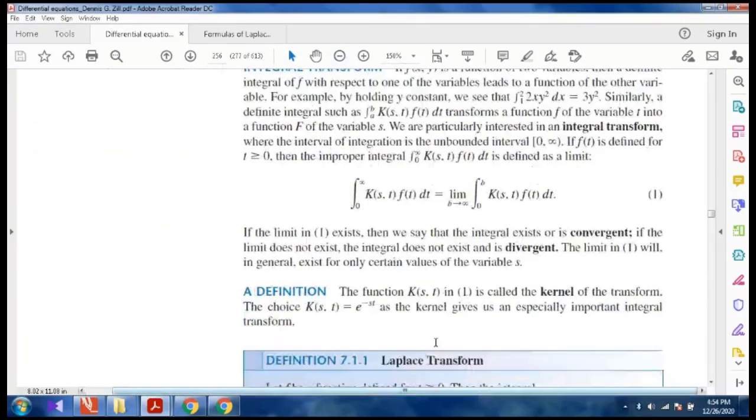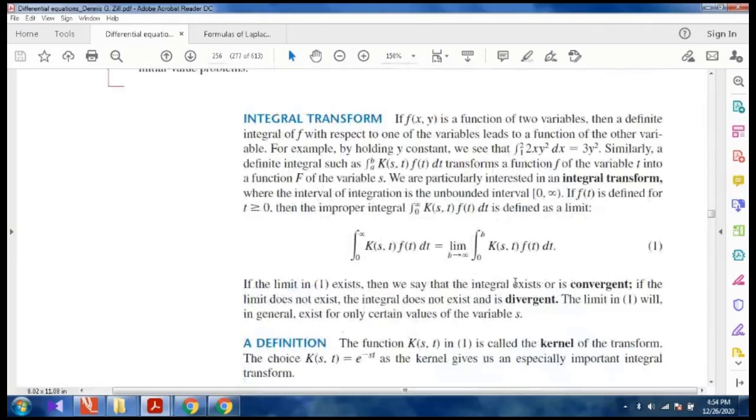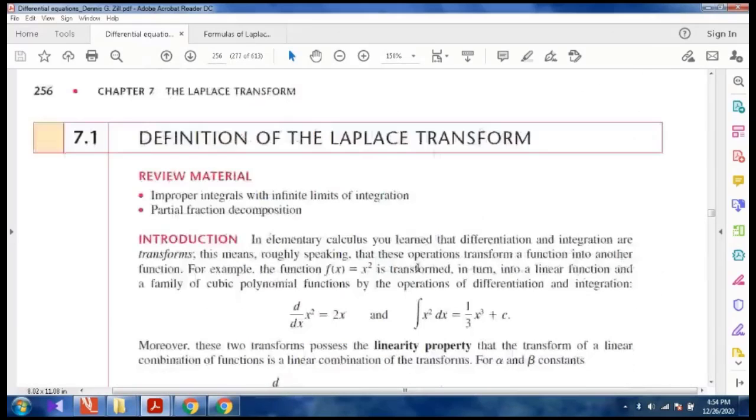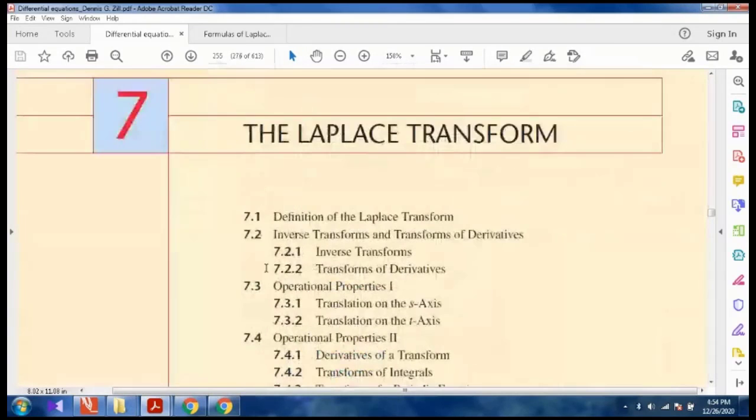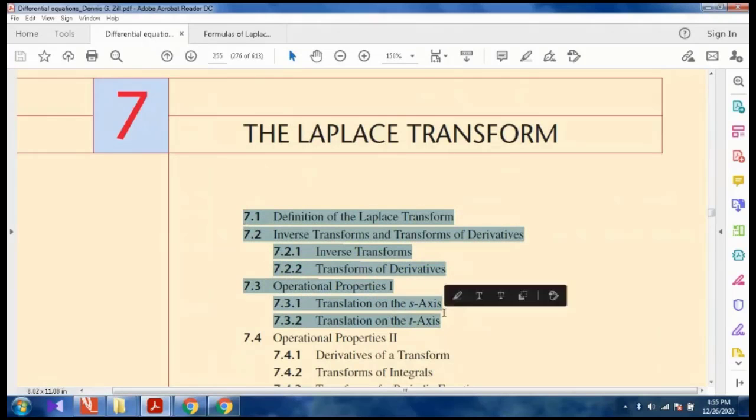Actually, Laplace transformation is one kind of improper integral, which is one kind of integral transformation. So from chapter 7, we can go through 7.1, 7.2 at least, and also 7.3 if you can. These three sections are very helpful for your final exam.